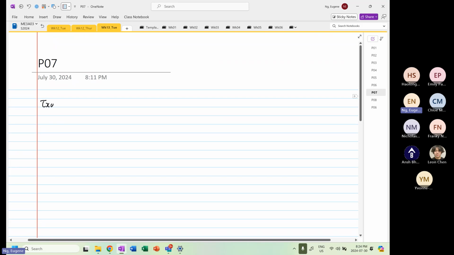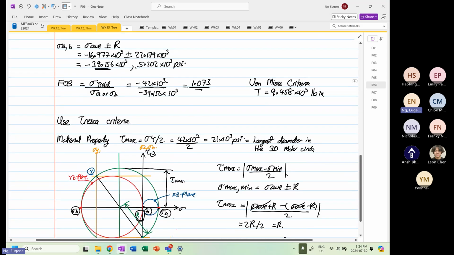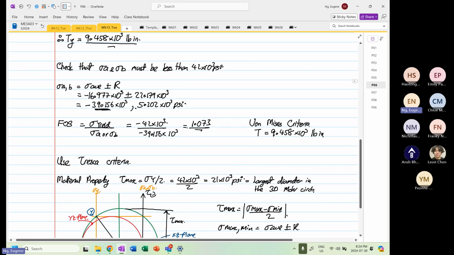Shear xy is equal to the square root of R squared minus stress average squared. And we have all these values. So this will be equal to what? This will be equal to 21 times 10 to the power 3 minus stress average, which is 16 point, can't remember, our stress average is equal to what? 16.977.